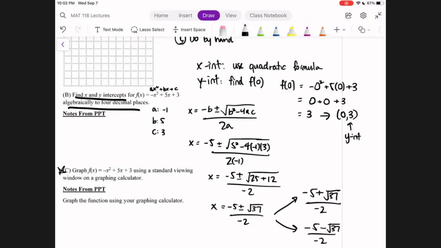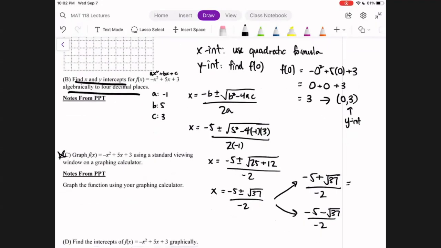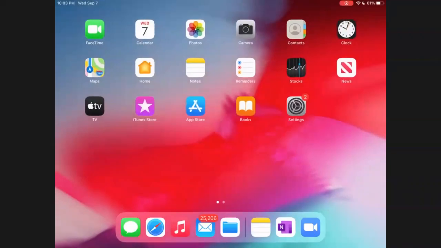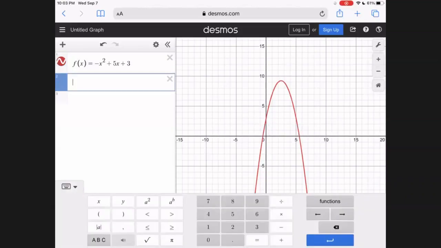And what would these be? So that's when we need Desmos to see what those values are. So let's switch over to Desmos. Let's type these in. I'll show you. You just go here, you do division, you have a fraction, so then type in the top, and then type in the minus 2.